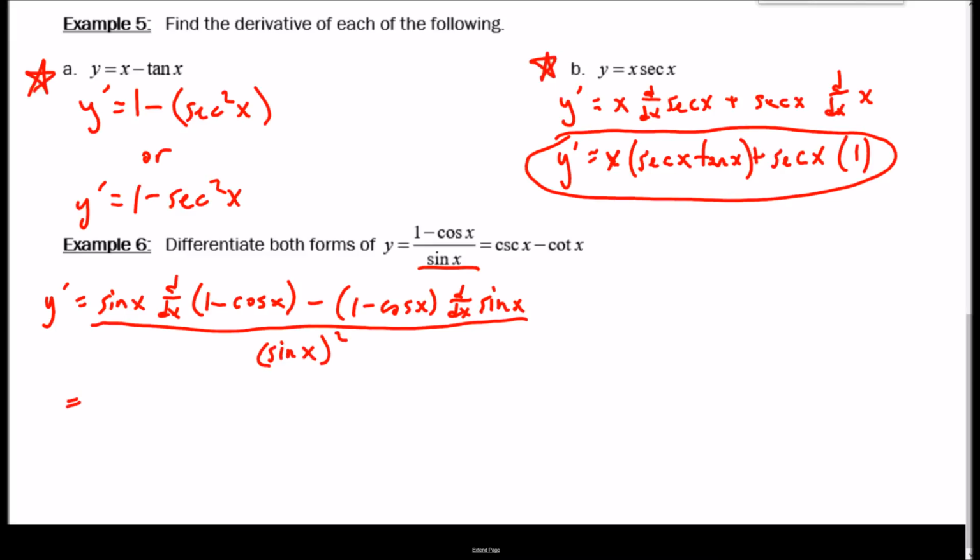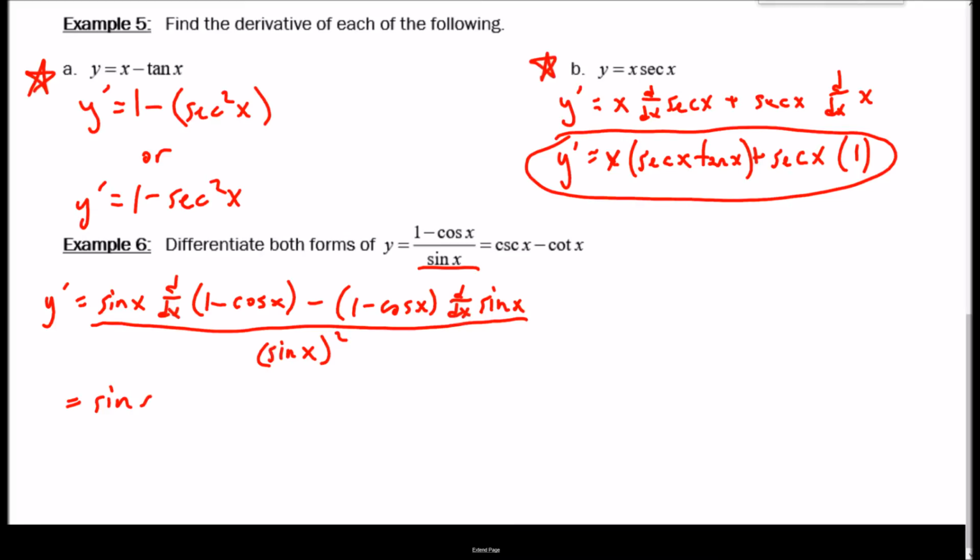The derivative of 1 minus cosine x: the derivative of 1 is 0. The derivative of cosine x is negative sine x, but I already have a negative here, so negative is going to give me a positive.